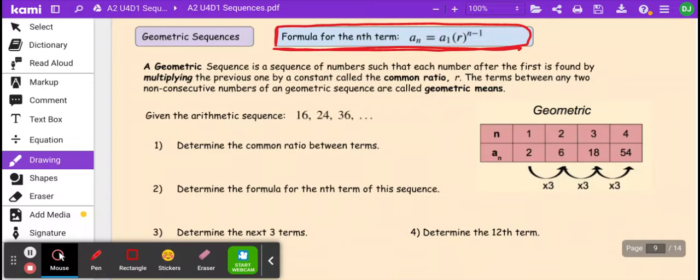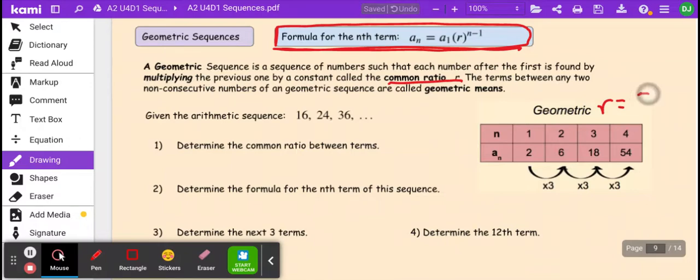And let's talk about some of the symbols. Some of the variables are the same, right? So a sub 1, that's the first term. Now, instead of having a common difference, remember we're multiplying, so we have what we call a common ratio. That is your r. And if you look at this geometric sequence here, you can see, how am I going from the first term to the second to the third to the fourth?